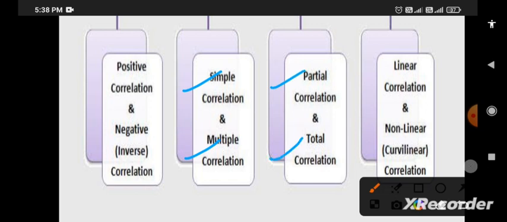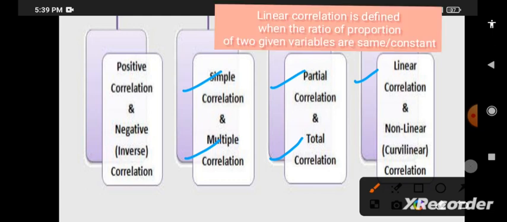In partial correlation, we study the two variables excluding some other variables, whereas in total correlation, we study all the facts. Last is the linear and non-linear correlation.